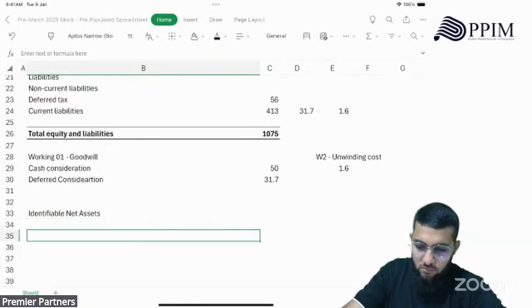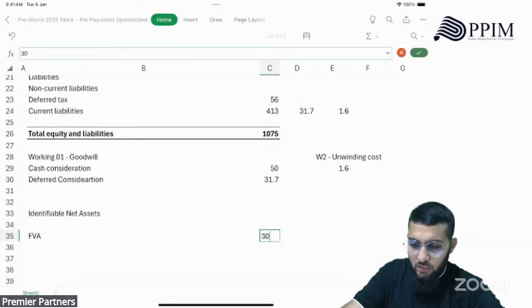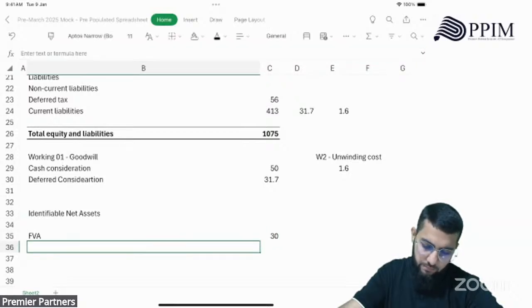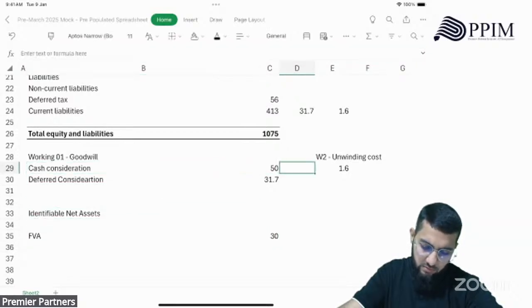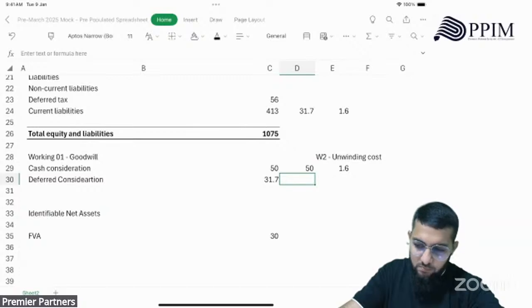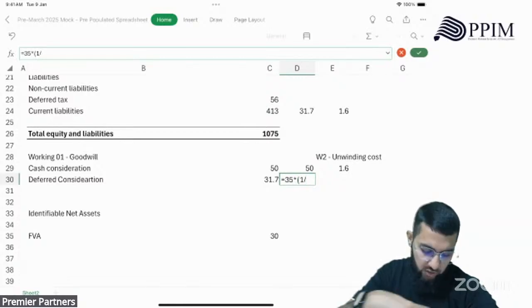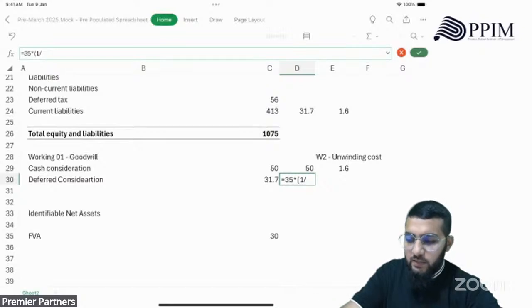Fair value adjustment of 30 million. Let's push this by 1 column so that we have space to note down all the identifiable net assets clearly.